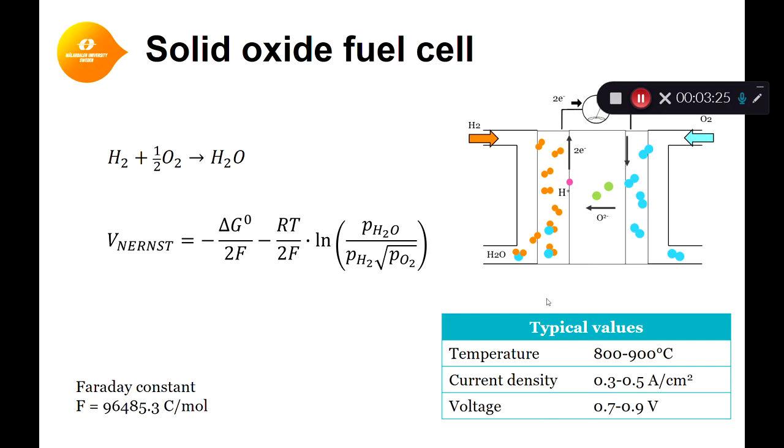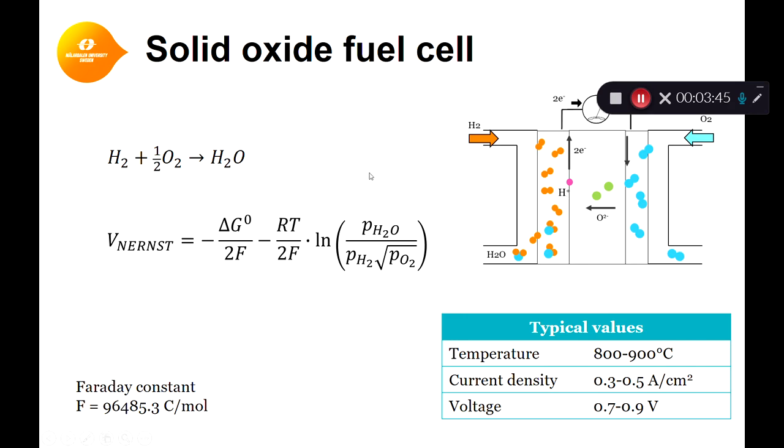Another type of high temperature fuel cell is the solid oxide fuel cell. In this cell, the overall reaction is between hydrogen and oxygen. Oxygen ions are formed on the cathode side and cross the electrolyte to meet the hydrogen and form water.